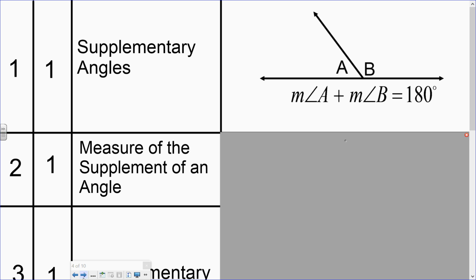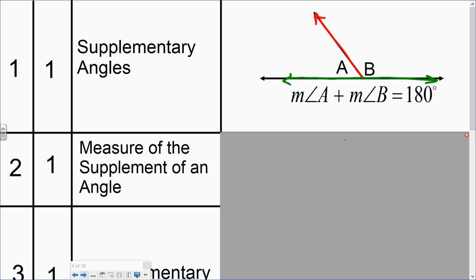Supplementary is if you put the two angles side by side so that they share one ray, so that the terminal side of one is the initial side of the other. Then once they are lined up, those other two outside rays form a straight line. The sum of the two measures is 180 degrees.